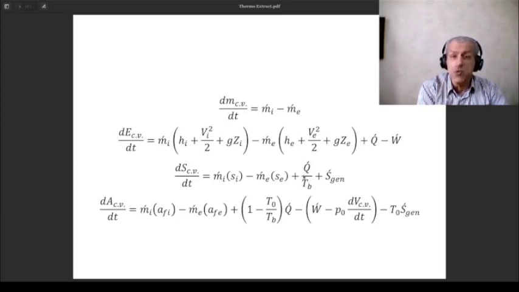We use the very, very simple and basic fact that heat is always transferred from a warm body to a cooler body, which would ensure that this term would be positive for possible processes. Now, let's talk more about the term entropy and the generated entropy during a process.